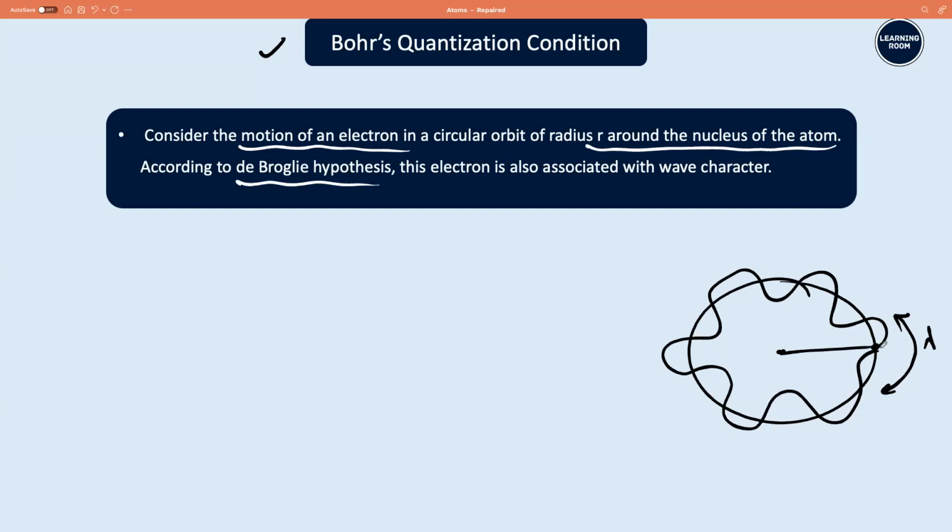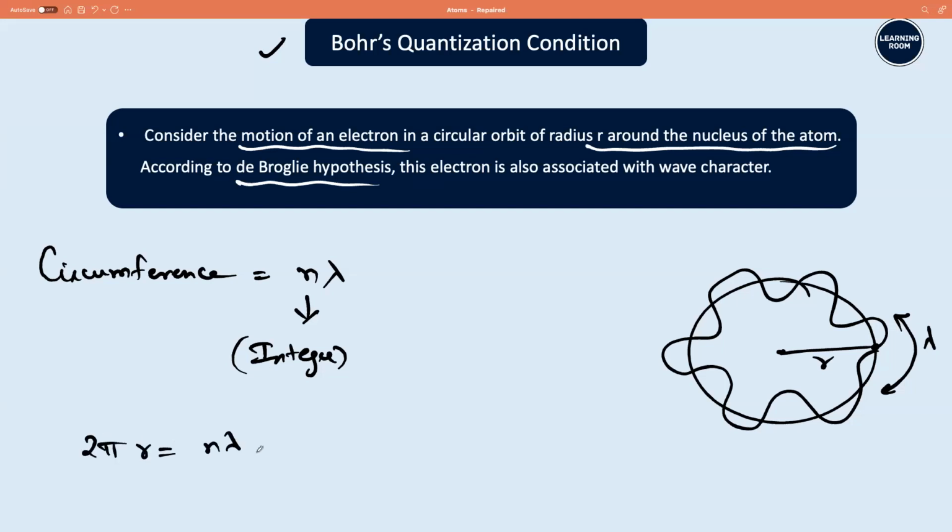If I take the orbit's radius to be r, then the circumference should be equal to n times the wavelength, where small n stands for an integer value. Yes or no? So this we saw in the dual nature of matter itself.